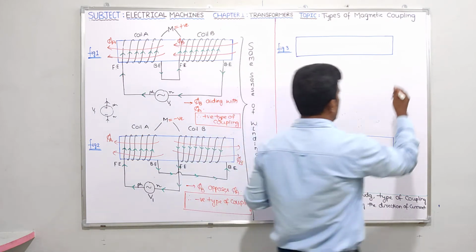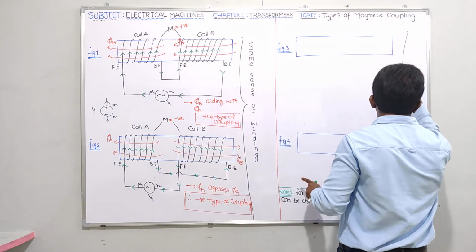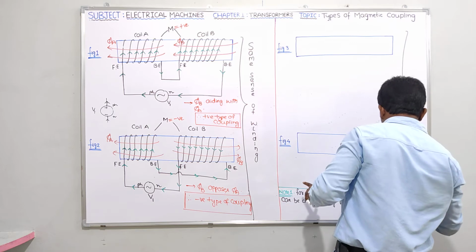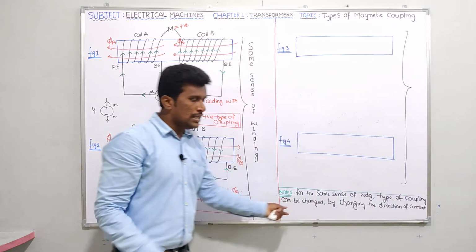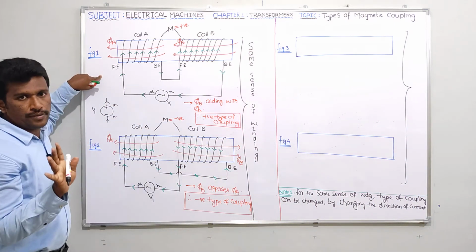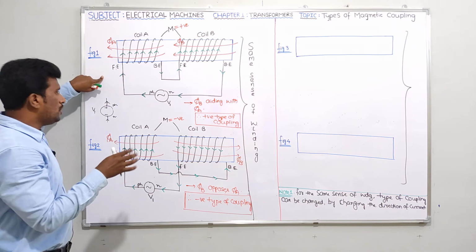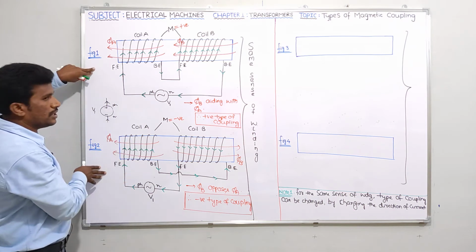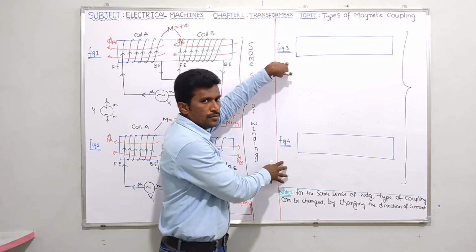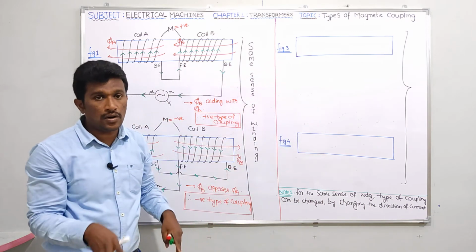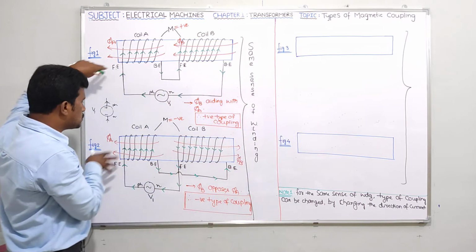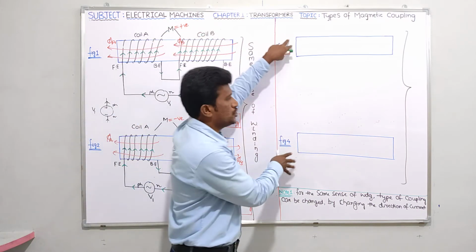So for explaining this note, these two figures are enough. Is it clear? Instead of using these two figures, you can use these two figures also. But all four figures are not necessary. You can use these two or these two.